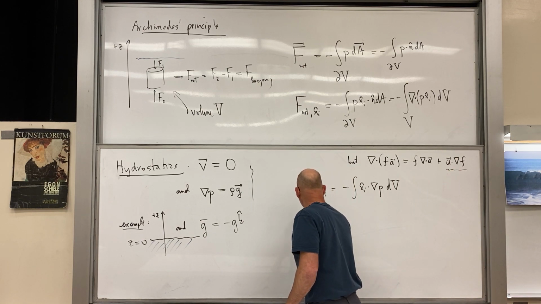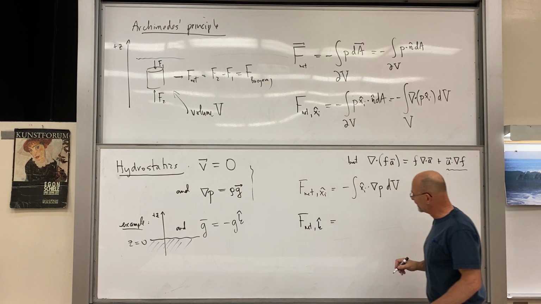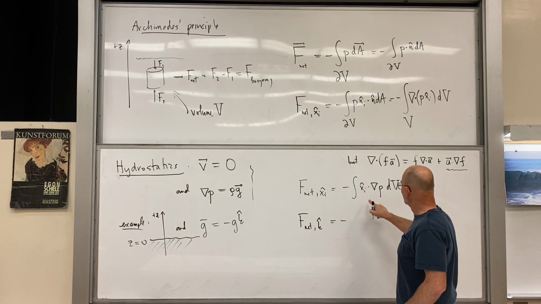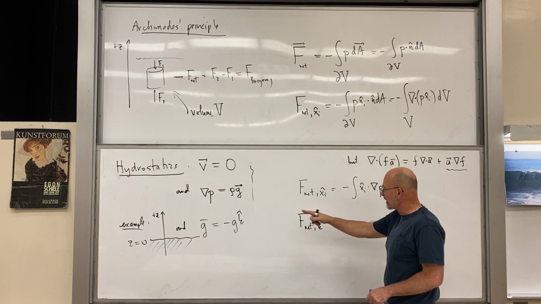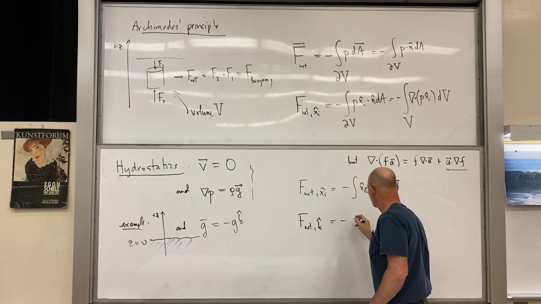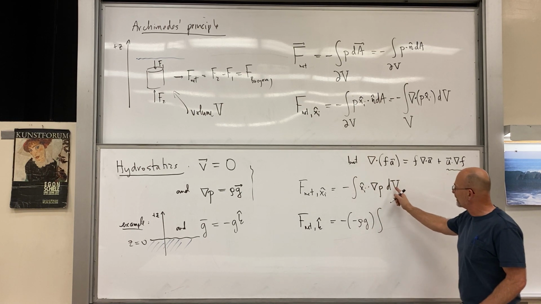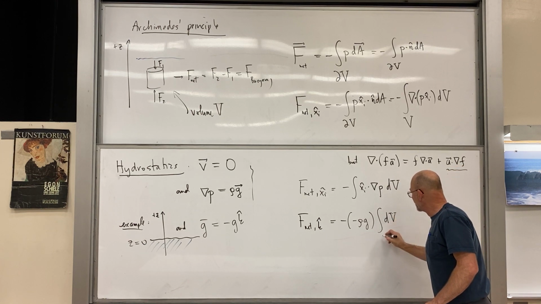So it's only going to be F net in the k hat direction, z direction, going to be minus, and then we're going to have gradient of p will be minus rho g, minus negative rho g, and then we'll have the integral, having pulled all that out, of the d volume over the volume.